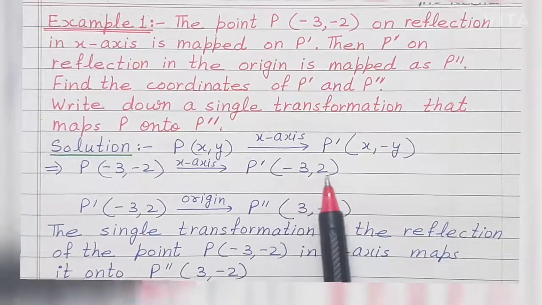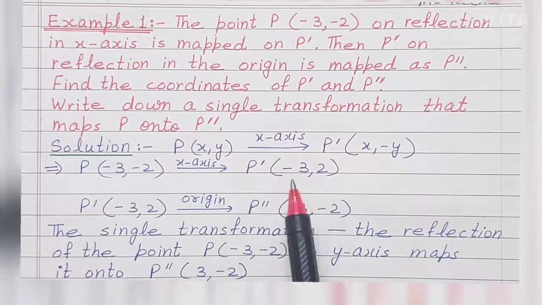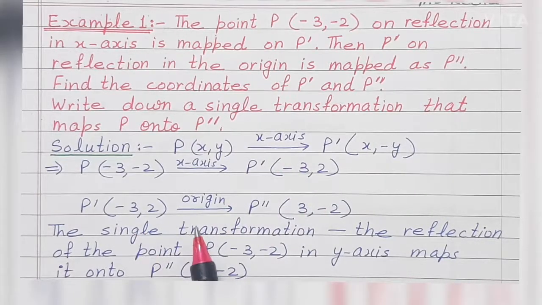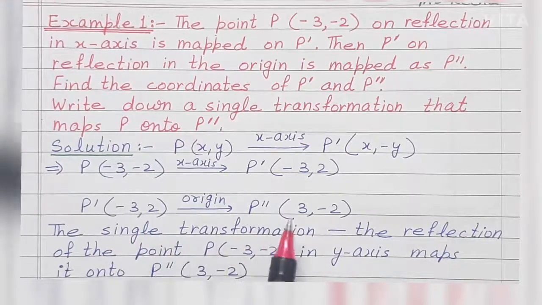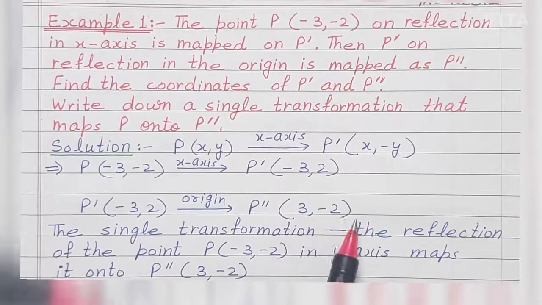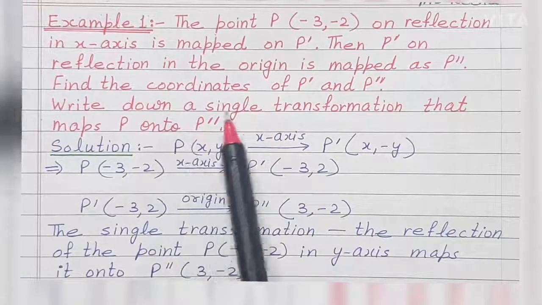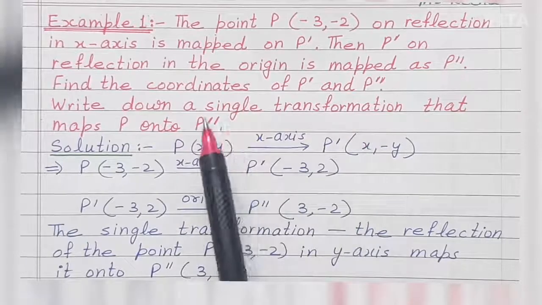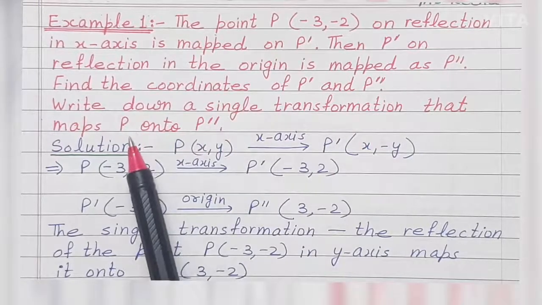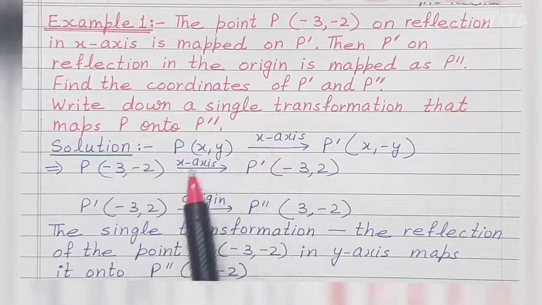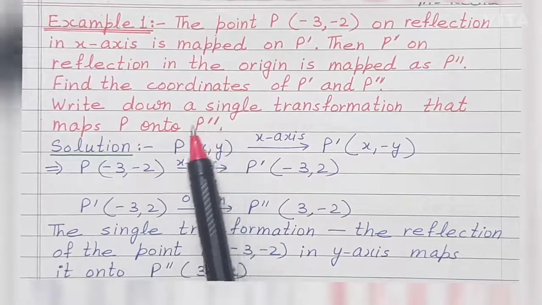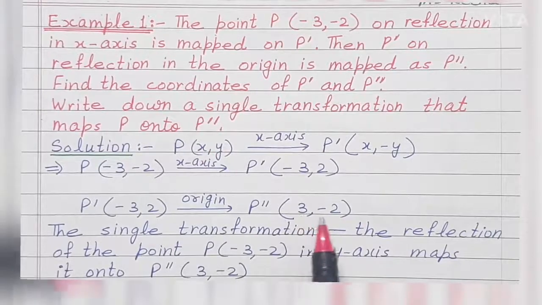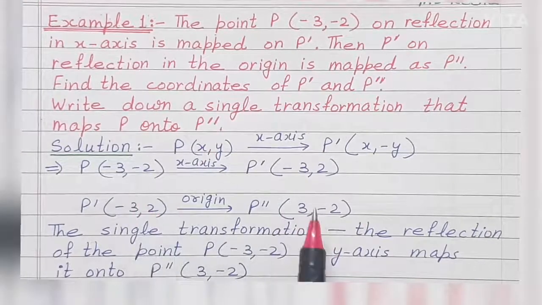Similarly, when you reflect this point (-3, 2) in origin, then both the signs will get changed. So it is (3, -2). Clear? Now let us talk about single transformation. Now see, the coordinates of P are (-3, -2), and the coordinates of P double dash are (3, -2). So what is the change in the sign here?